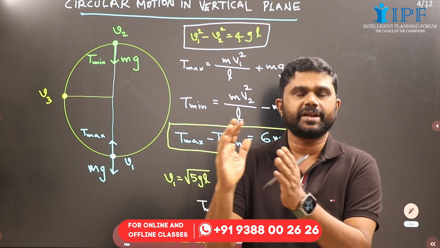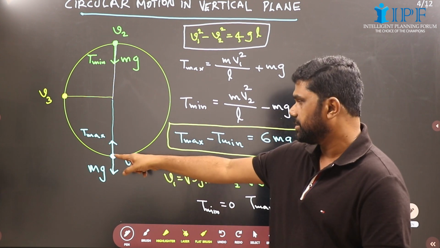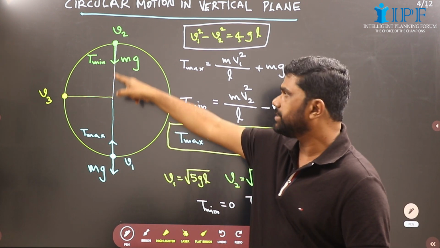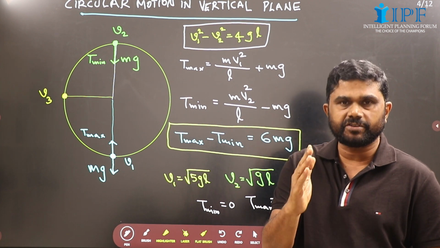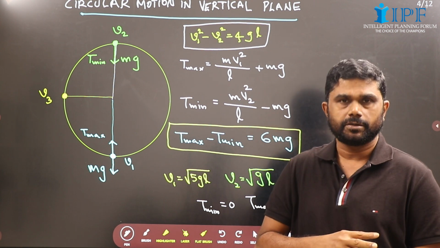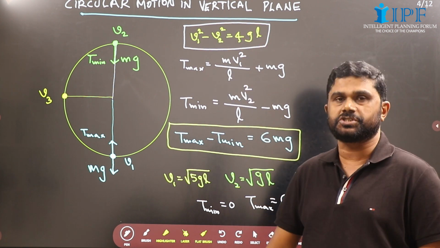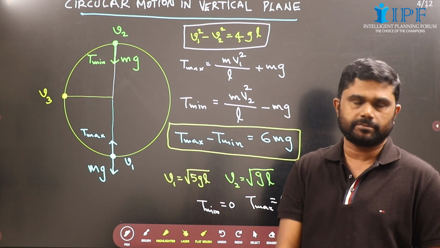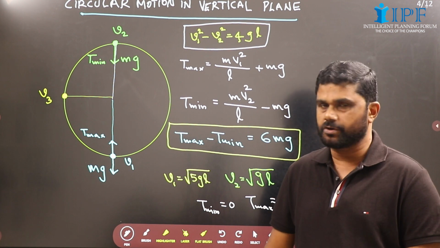Half m v1 square minus half m v2 square equals mgh. What is h? This much is L and this much is also L. So the height will be 2L. So half m v1 square minus half m v2 square equals mg into 2L. From that, you will get v1 square minus v2 square equal to 4gL. This is unconditional. This is always true because it is based on the law of conservation of energy.